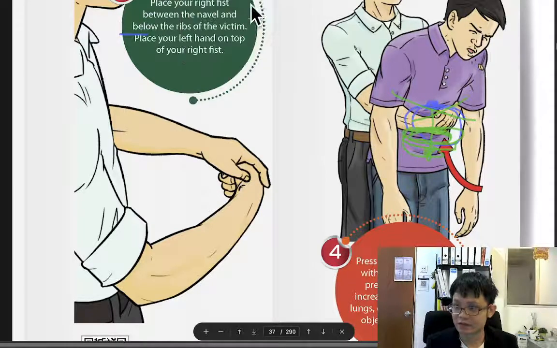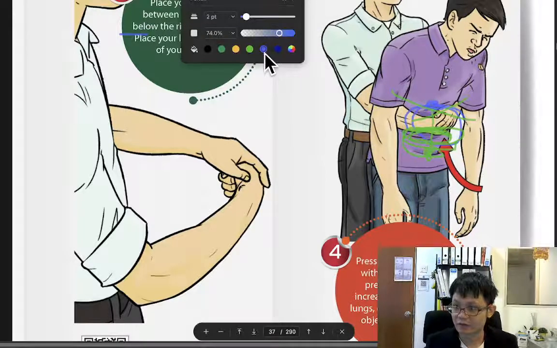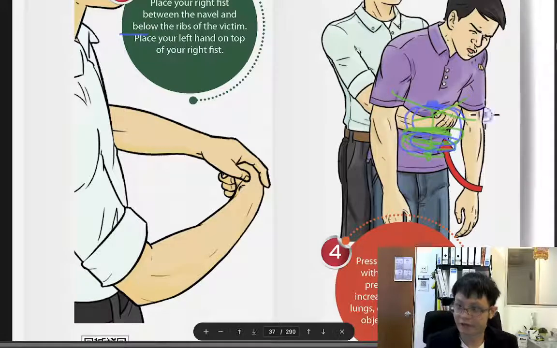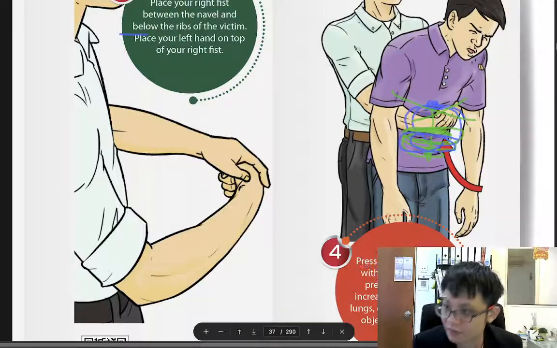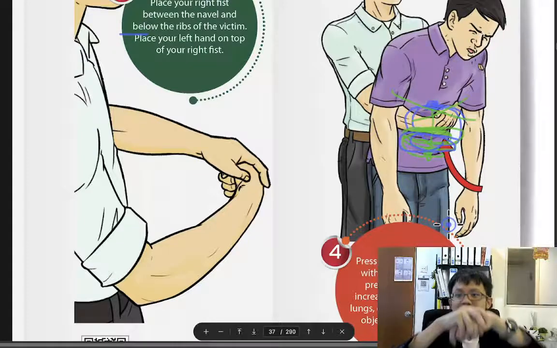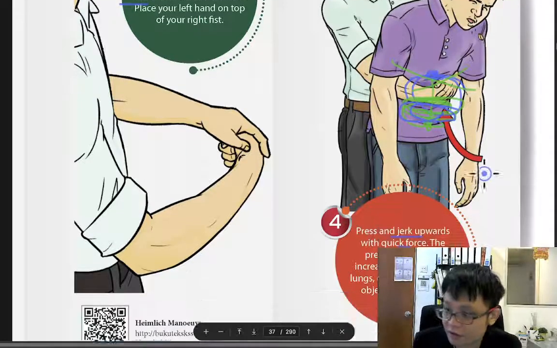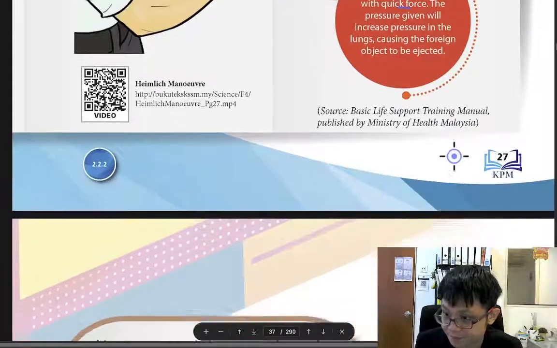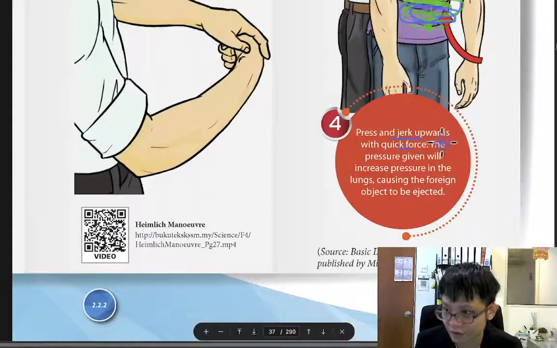Why can't I change my color, so funny. Change to blue. Okay, around here. Then you jerk it upwards with force, and the thing should be able to come out. You can try this with your brother or friend.